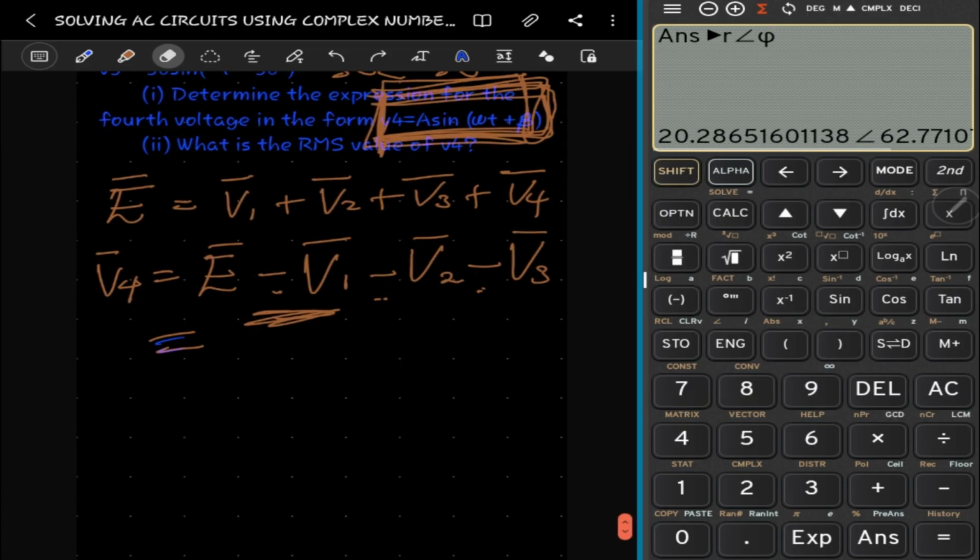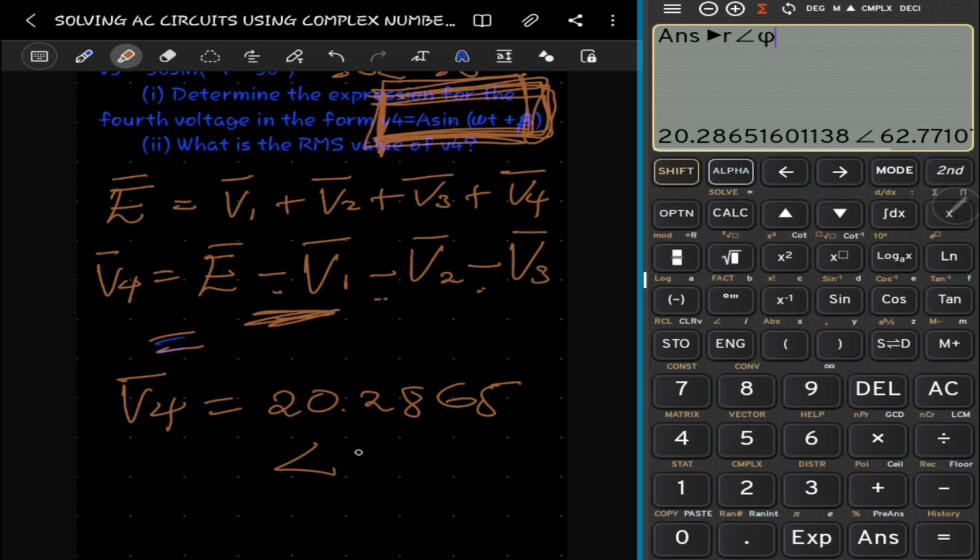So that will mean that the v4 that we are looking for is basically 20.28, let's do 4 dp, 20.2865, and the angle is about 62.7710 degrees.